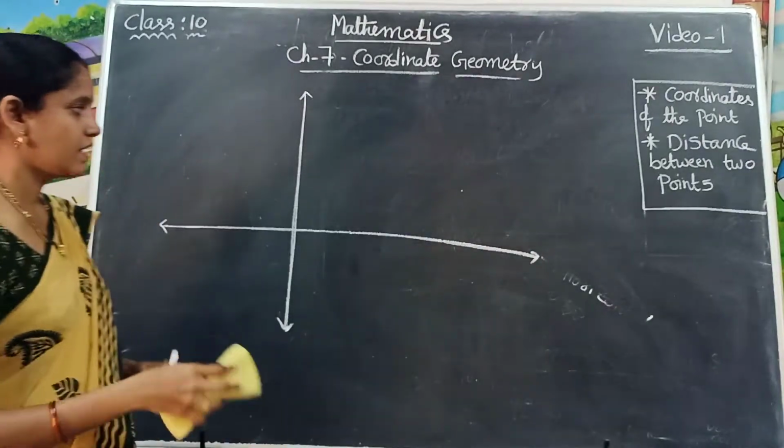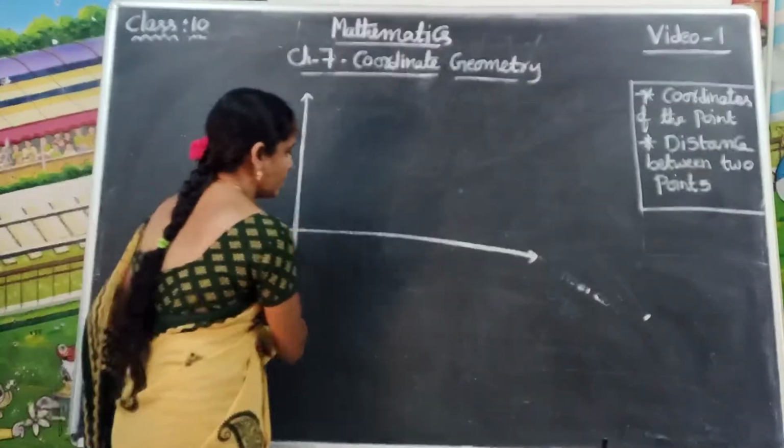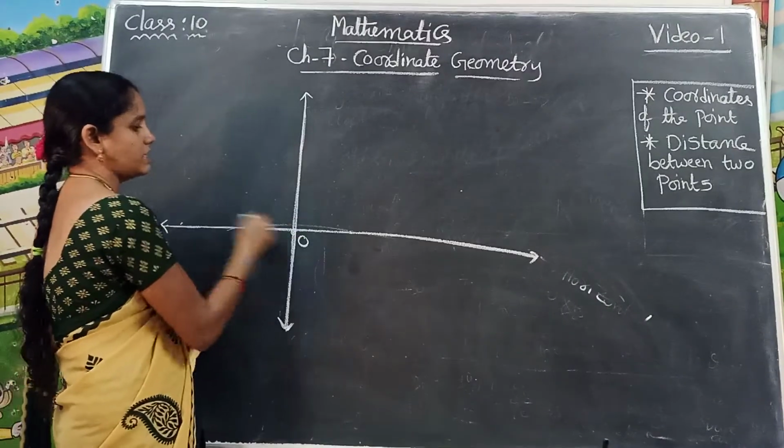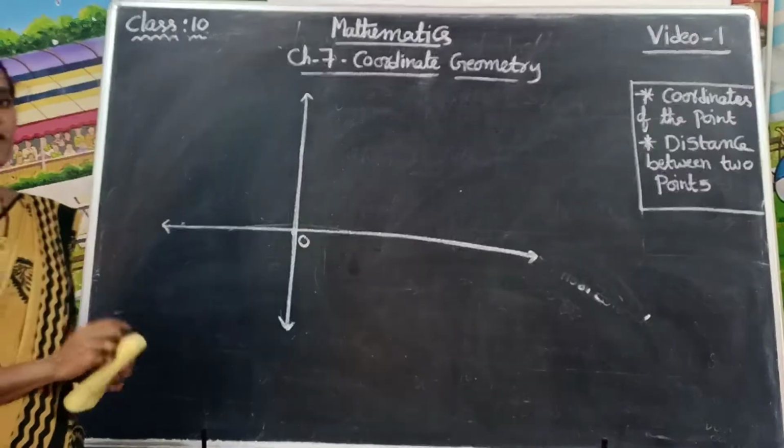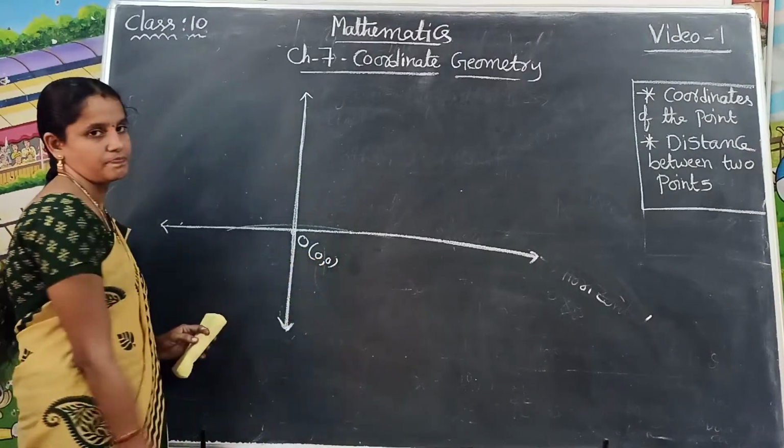Now here, the intersection point of horizontal line and vertical line is origin. O-R-I-G-I-N. It is origin. The coordinates of origin are 0, 0.